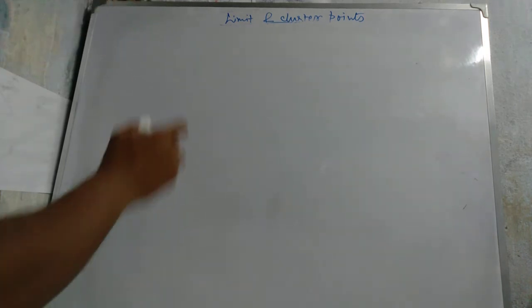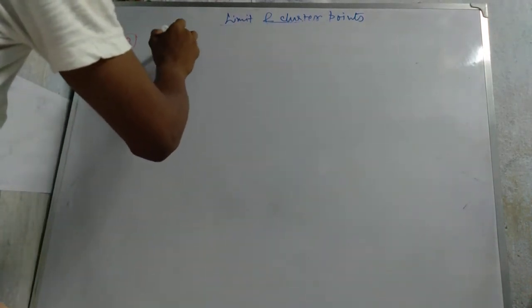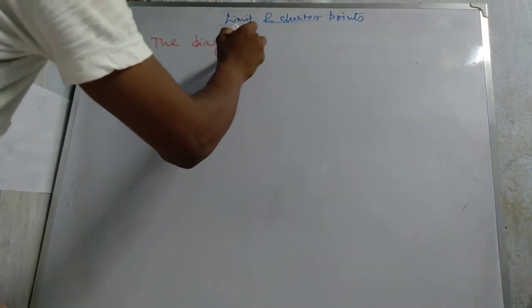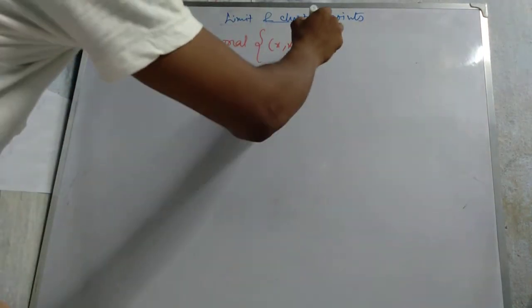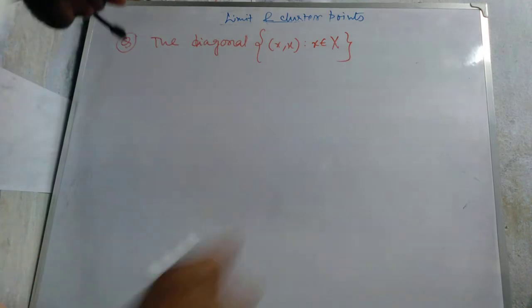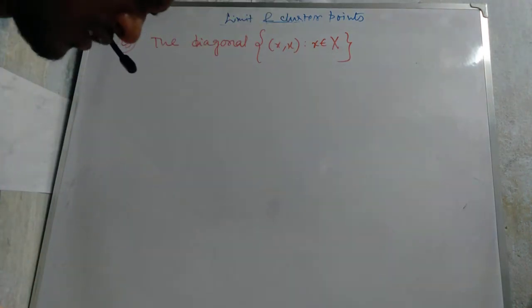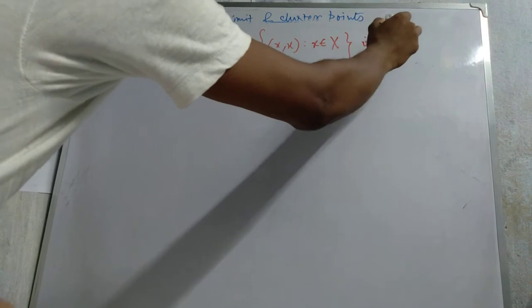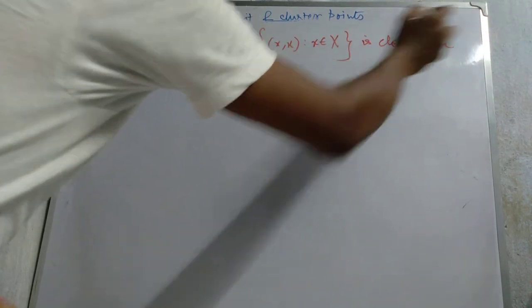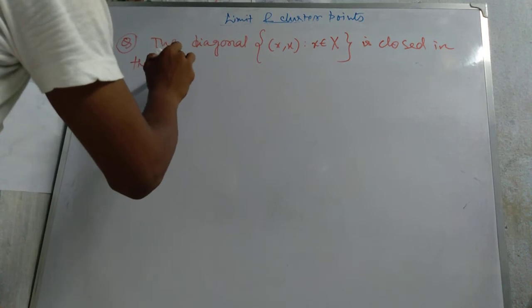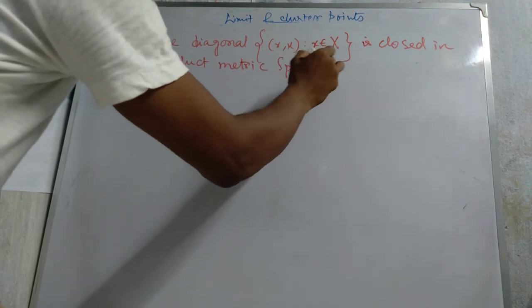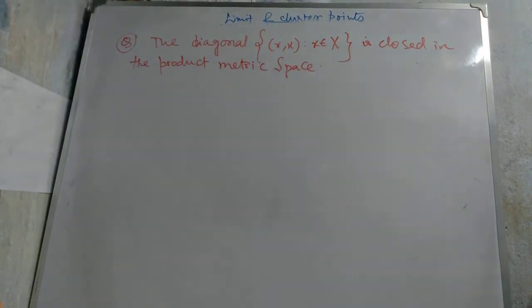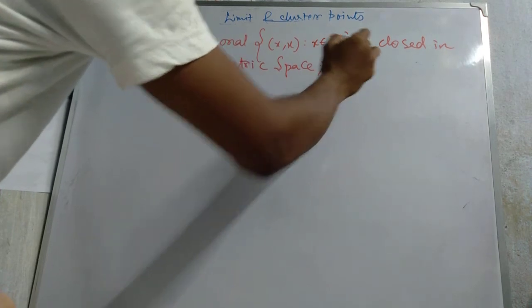These questions are: the diagonal is closed in the product matrix space, X Cartesian product X.